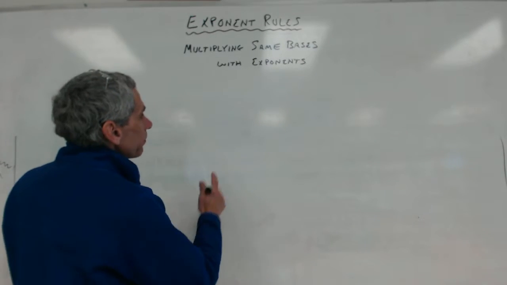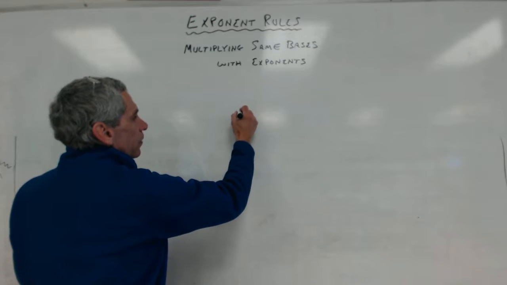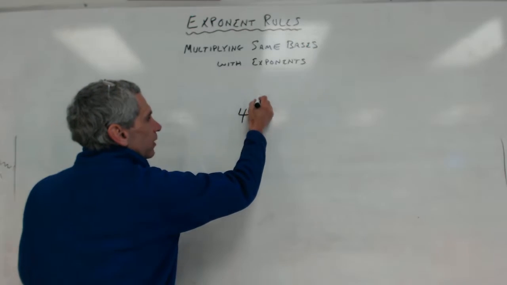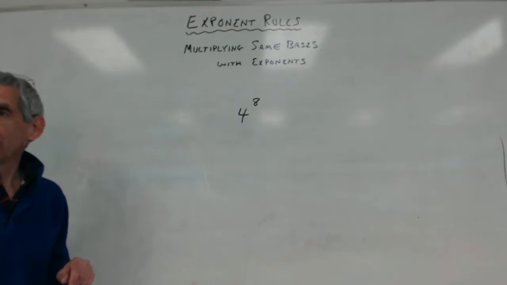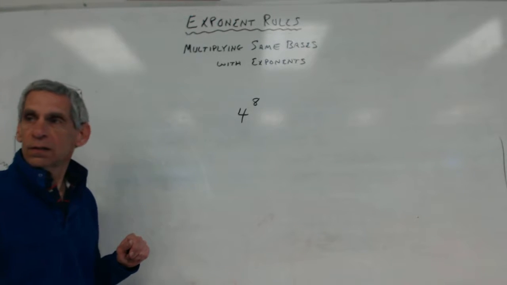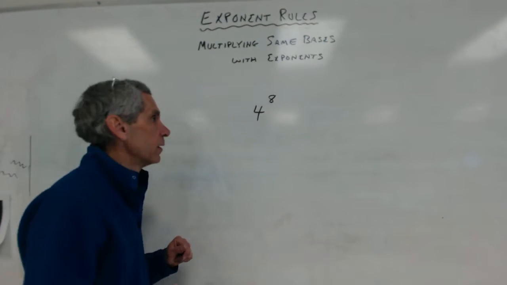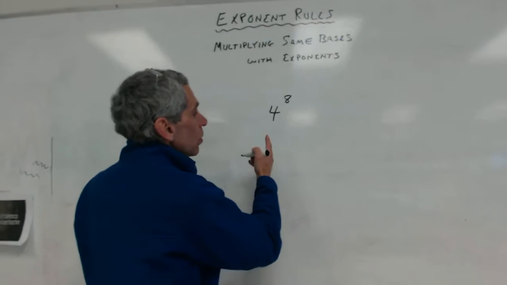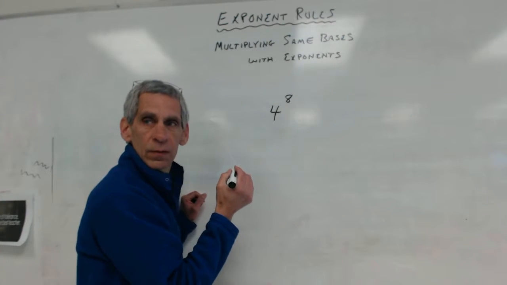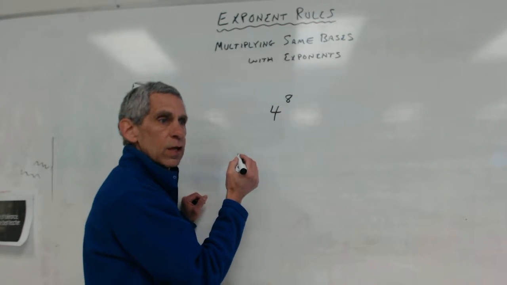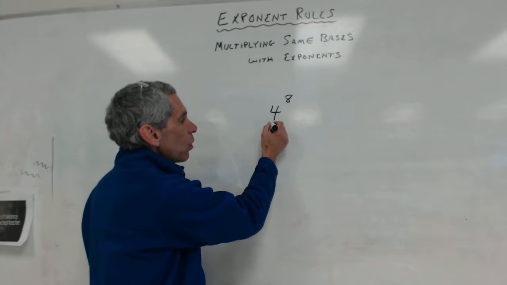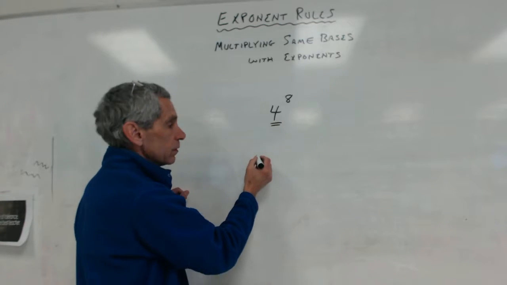So first of all, if I have 4 to the 8th power, that's 4 times 4 times 4 times 4 times 4 times 4 times 4. The 4 is your base.